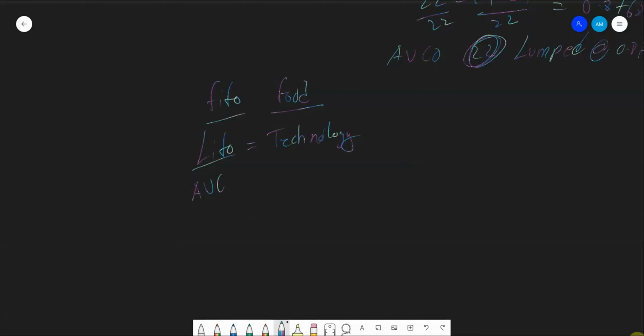Now AVCO here comes along and it's like, I don't care. I just want everything to be together, and whatever comes in the box comes. So this is like fries. I remember when I used to work at Popeyes, you get fries. They just come in that container, and when those fries come in, you have fresh fries come in, and then you just mix them up, and then you give it to the customer. That's what AVCO is.